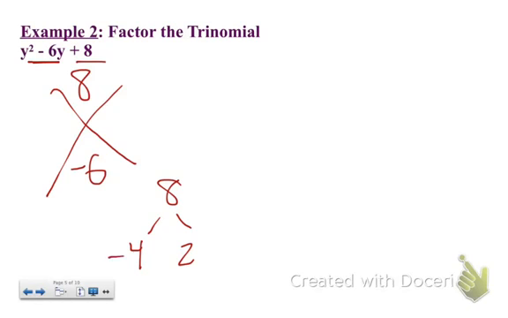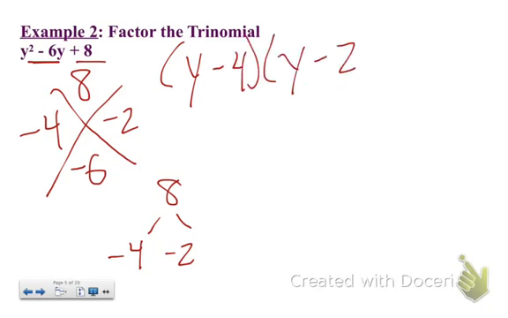So negative 4 times negative 2 will give us positive 8, but also negative 2 plus negative 4 equals negative 6. So now I have y minus 4 times y minus 2. And if we FOILed those back out, we would get y squared minus 6y plus 8.